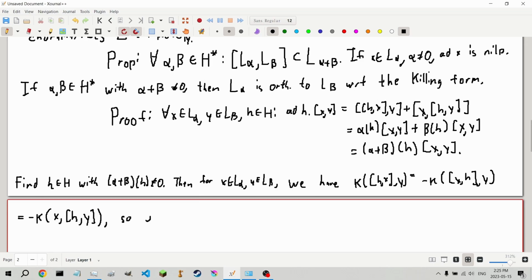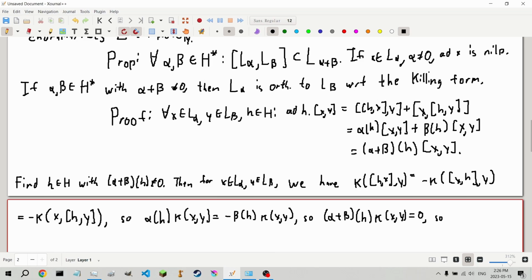So alpha of H times the Killing form of x and y is equal to negative beta of H times the Killing form of x and y, so that alpha plus beta of H times the Killing form of x and y is 0.